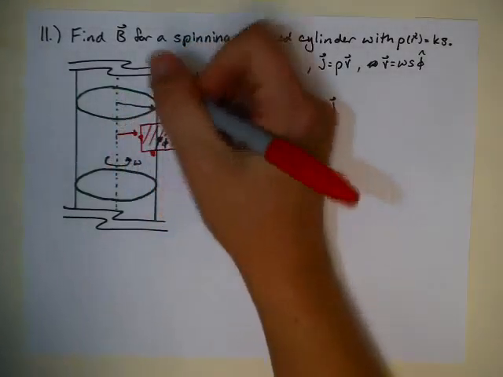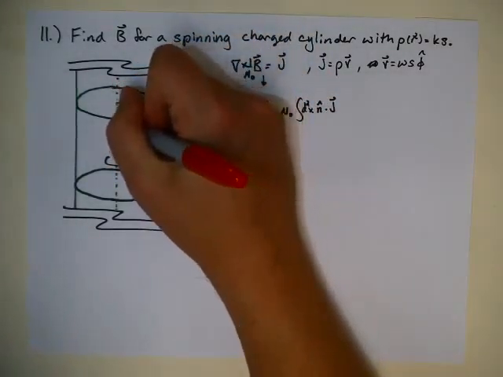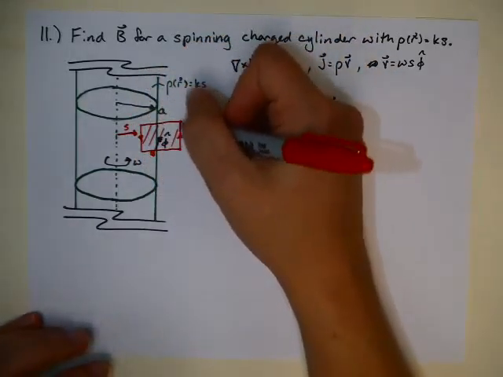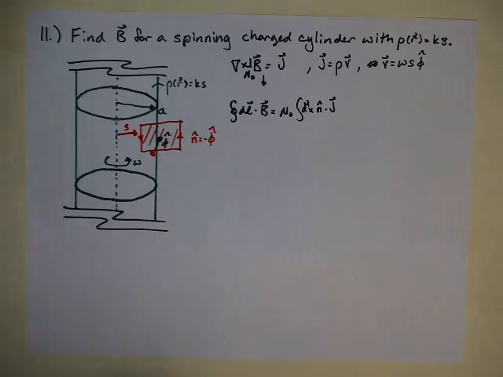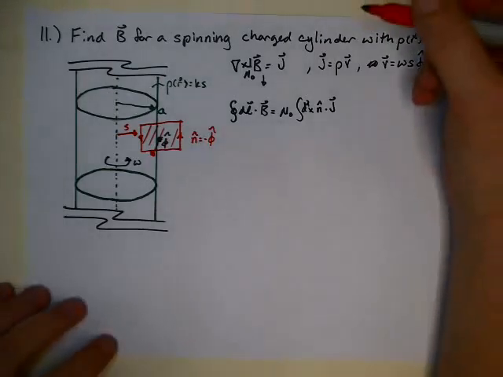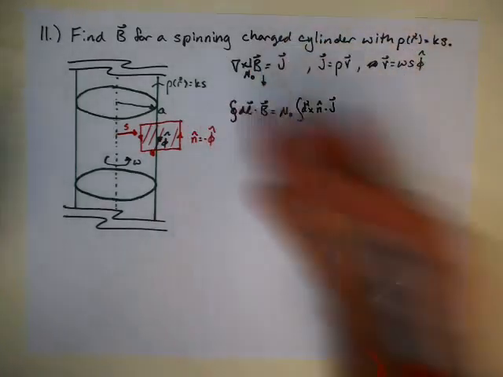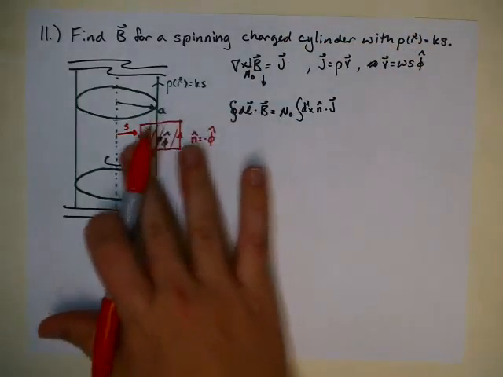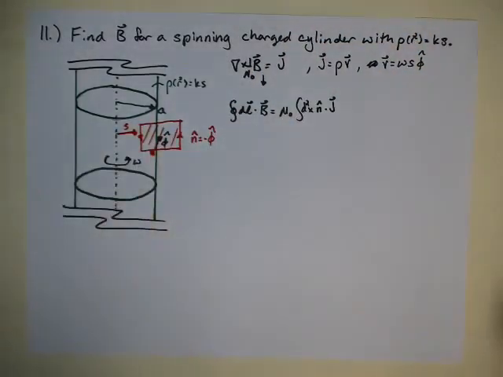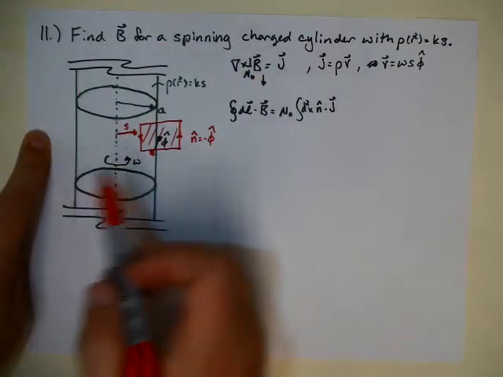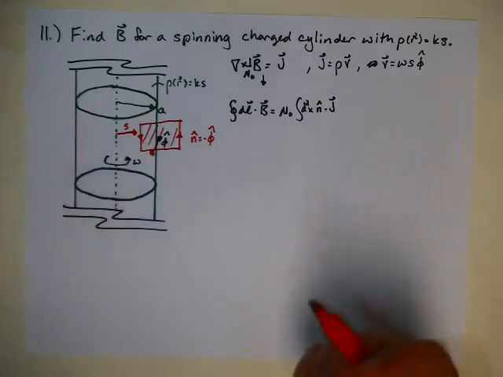We will say that the distance to the inner surface is s, and we're just going to ignore the outer one, because we've done enough of these problems, we know that the magnetic field outside a solenoid is 0. There are many ways to do that. You can either place both of these outside, let one go to infinity, or you can make this go through the center of the loop, and then the total current going through, of course, has to be 0.